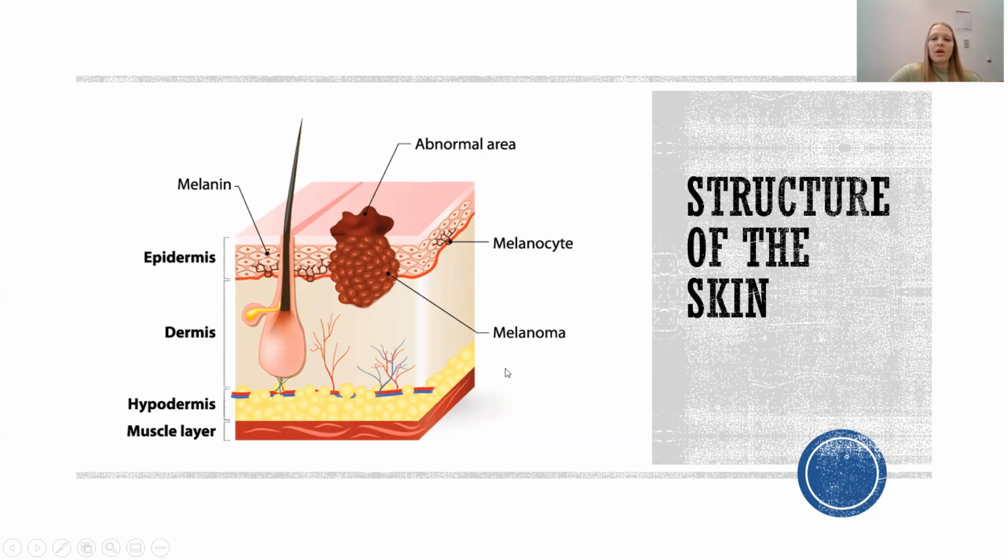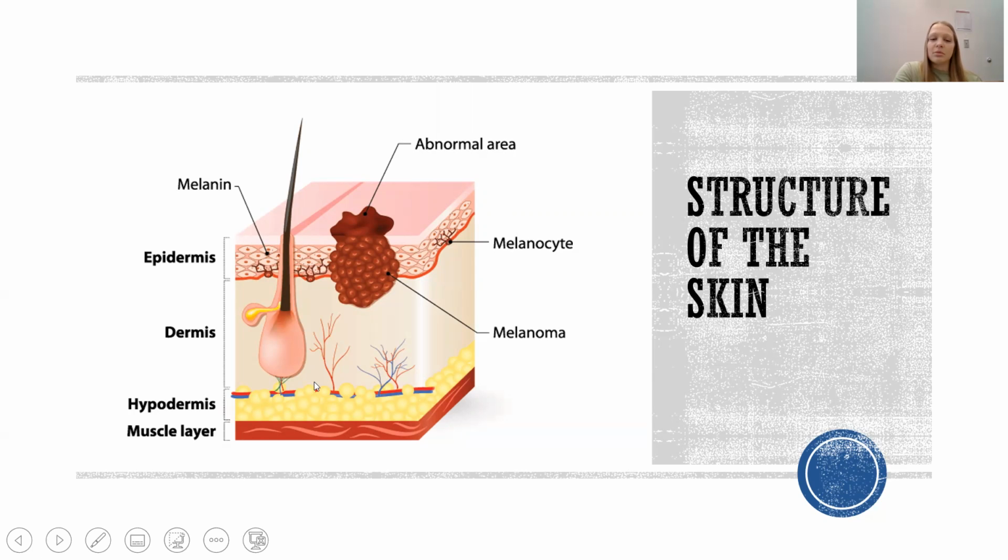So in this diagram, we can see an actual melanoma tumor. So melanoma begins in the melanocytes, which are on this diagram as well, which is the innermost layer of the epidermis. So it's not quite into the dermis, but it's just on that lower level of the epidermis. So when melanoma starts there, it can actually spread into the dermis. And the issue with that is you can see there's a lot of blood vessels.